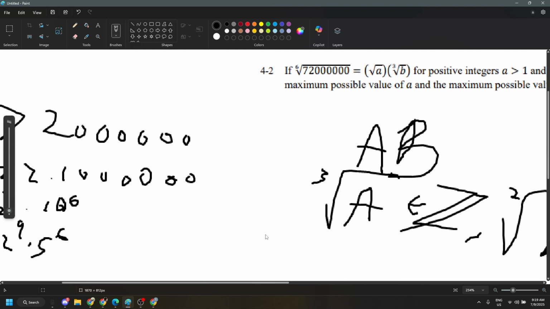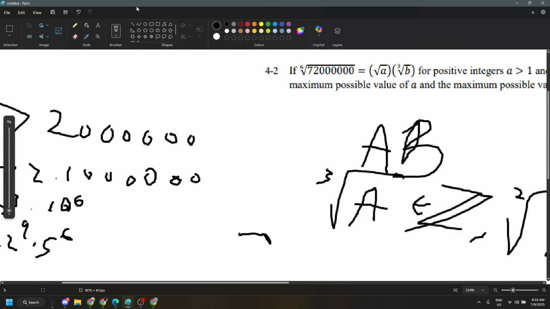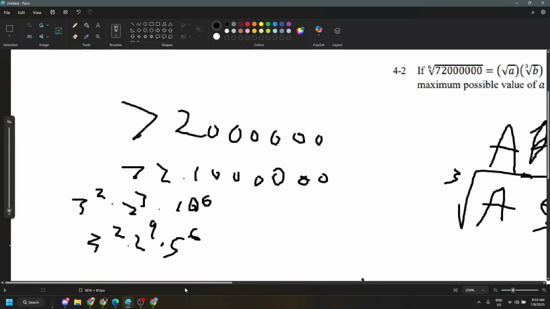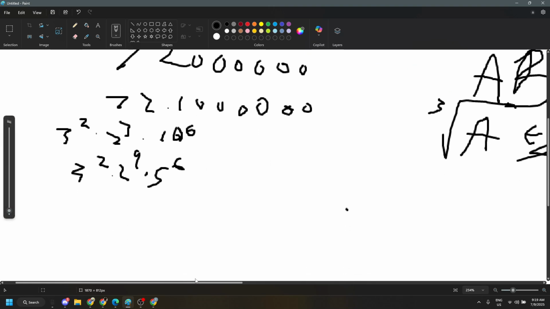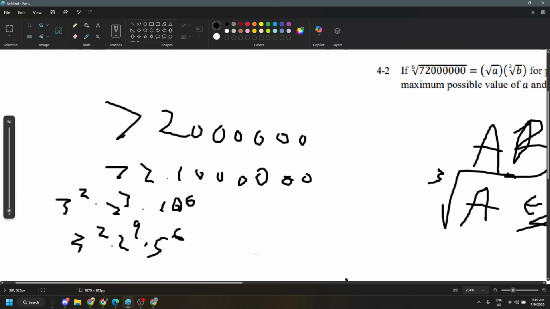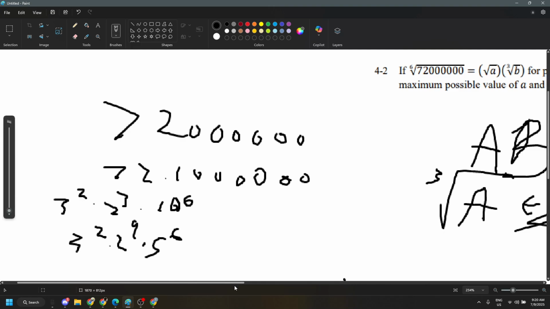So the maximum cube and square number. Okay. So 3 will be in the square number, I believe. How's this gonna work? Am I sure we need a cube and a square?